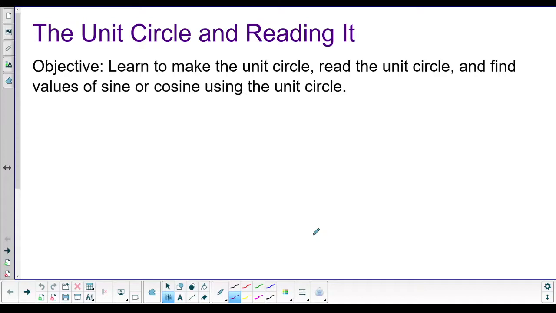You're going to want to memorize this thing called the unit circle just because having it memorized is faster than not having it memorized. It's the same reason you memorize multiplication, because it's faster to just multiply 5 times 6 in your head than have to type it out every time, right?